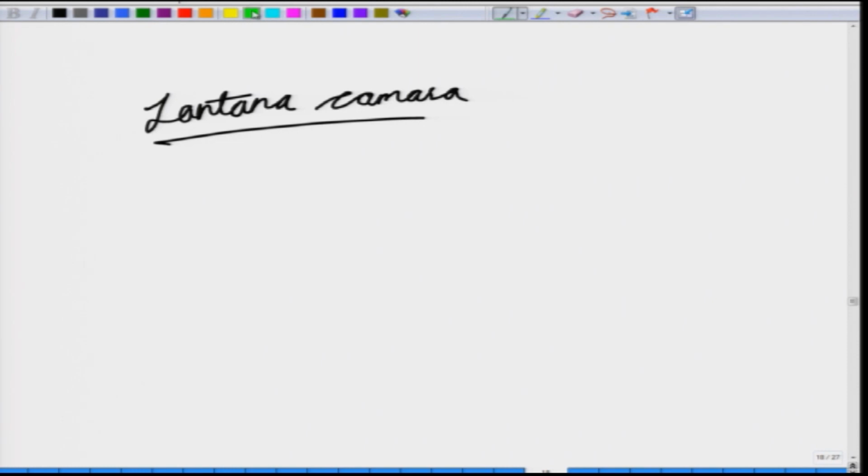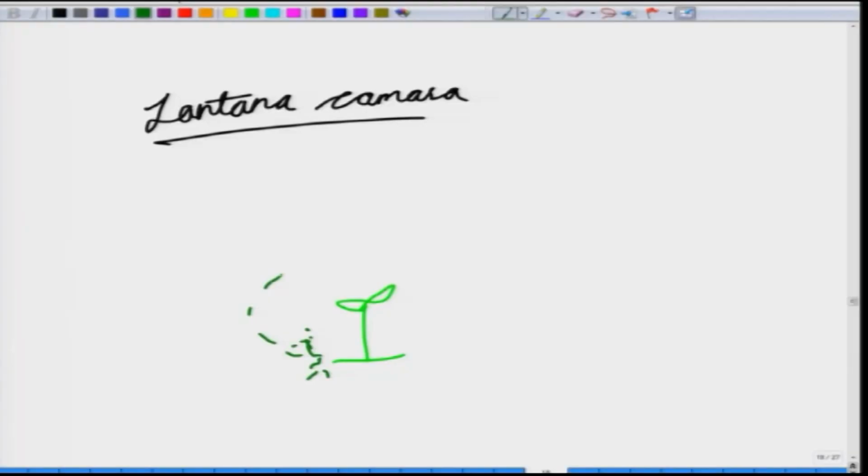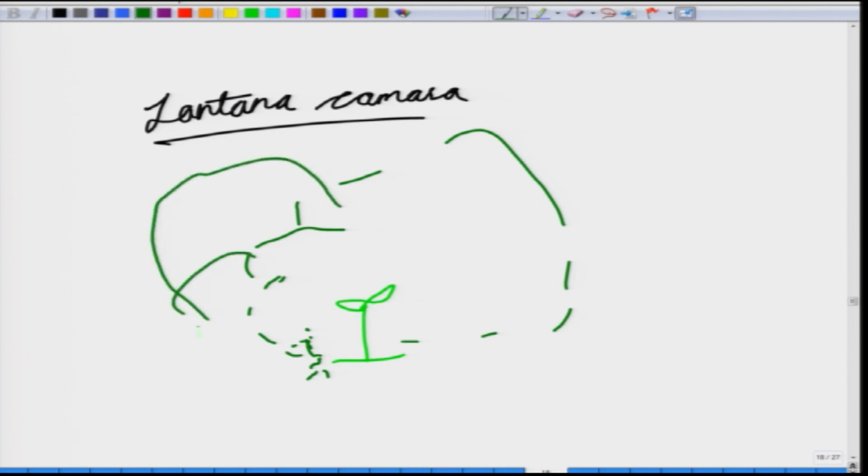And another way in which it impacts is that if you have this mango sapling and you have a Lantana camara that is coming up in this area, the Lantana camara will show a much faster rate of growth as compared to the mango sapling. So, in a very short period of time it increases in size and becomes a large bush.